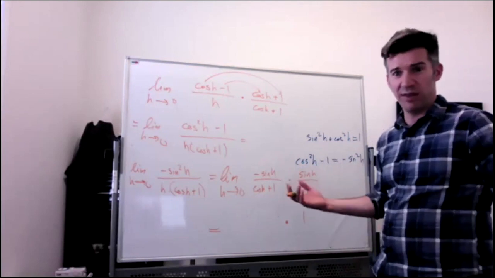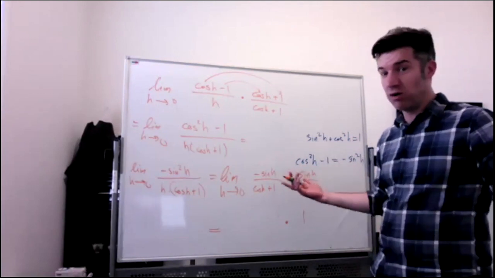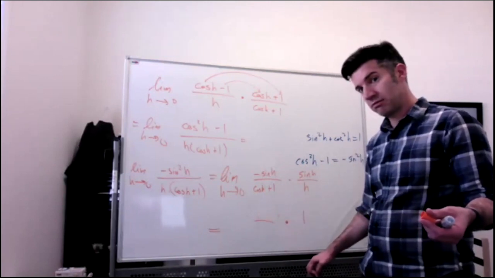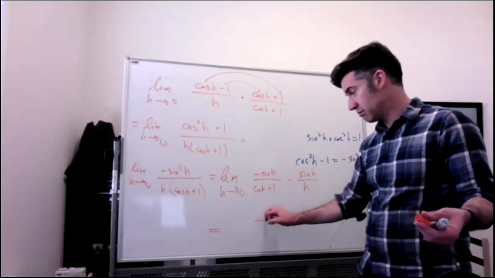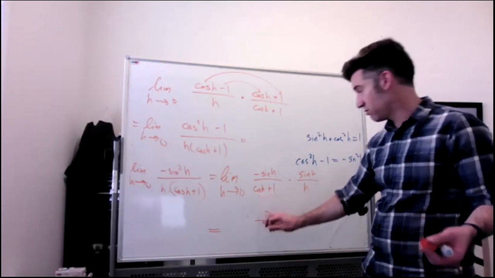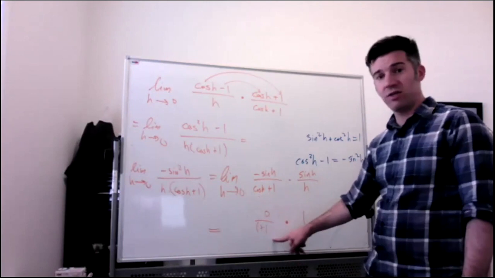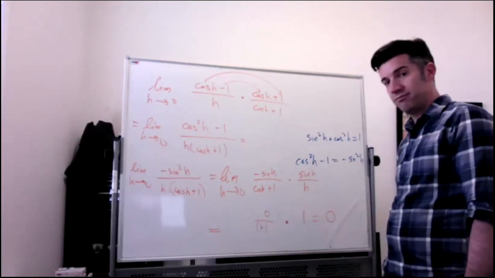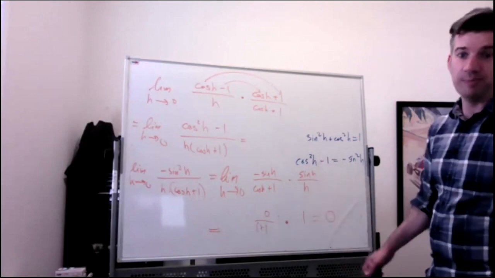Well, it's not like a regular thing, but plug in 0. What's sine of 0? 0. Sorry. What's cosine of 0? 1. So 0 over 2 is 0 times 1 is still 0. So that's why this is 0.